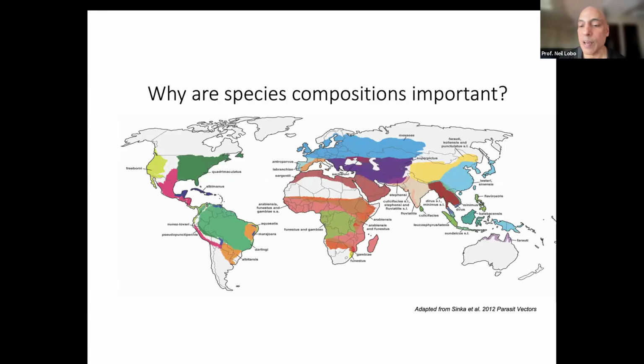At every site you have multiple vectors, and based on the season, you'll have multiple differences happening, right? Different vectors pop up at different times. So understanding how slides like this differ from what's actually happening at your site is actually pretty important. Different mosquitoes, every single one of these has different behaviors, further complicating absolutely everything we do.